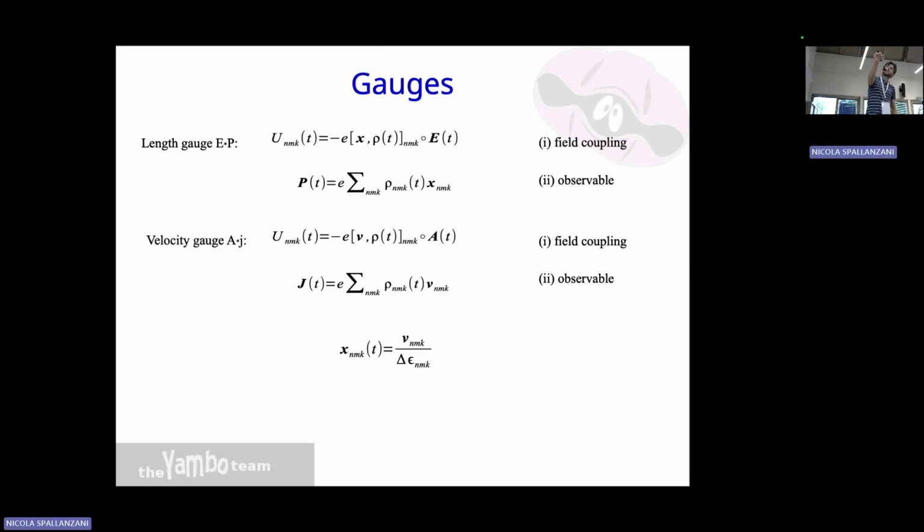So here you see that in the velocity gauge you have the velocity dipole, V, representing here also the current, and here you have the position dipoles, which are in that gauge. The two are related by this equation.